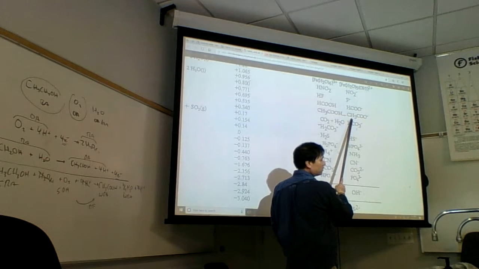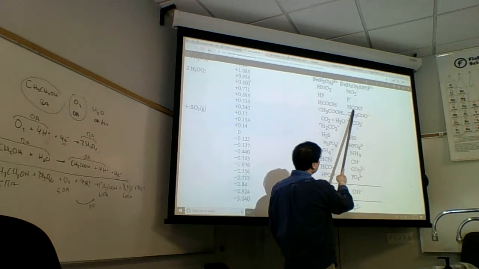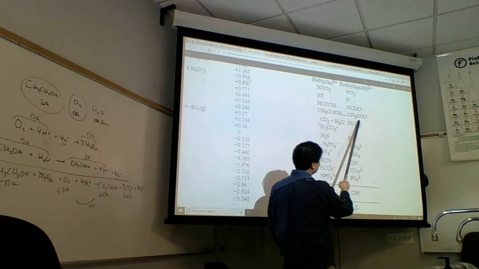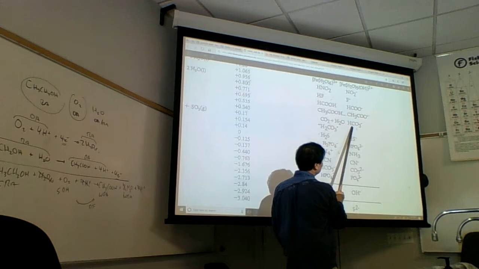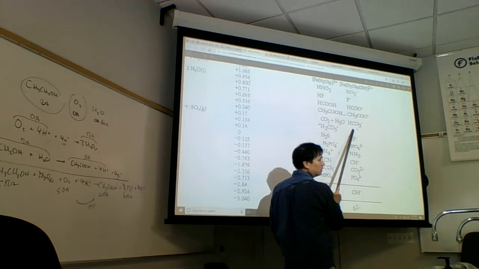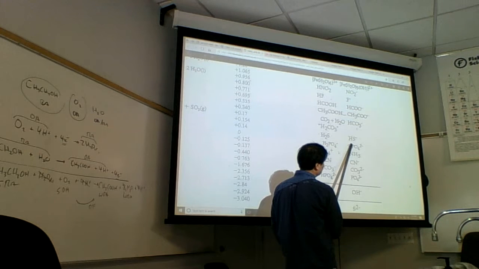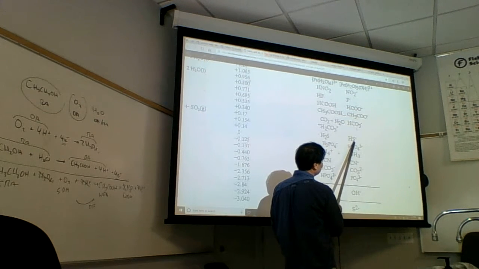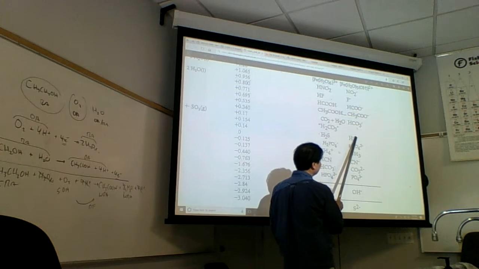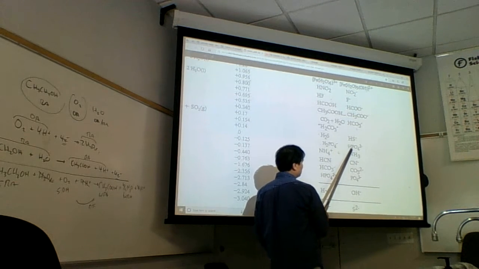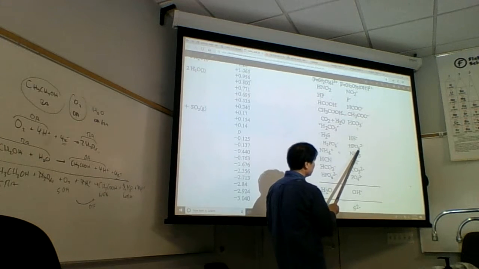This one you should know. Below formate is acetate. This one, HCO3 minus, is called bicarbonate. HS minus is called, this is just the hydrogen sulfide ion, or bisulfide. This one is the hydrogen phosphate, or monohydrogen phosphate ion.